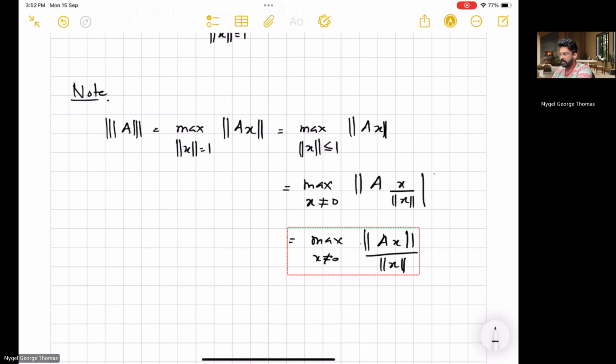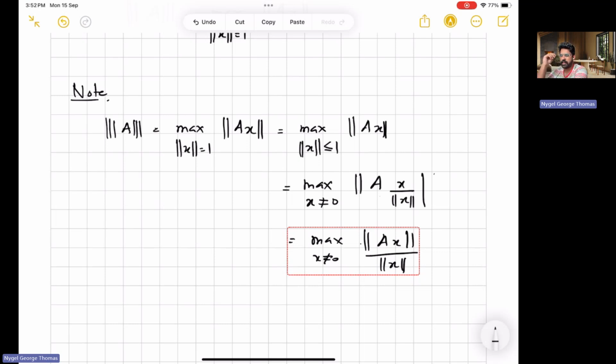Further, we have also written here that this is equal to the norm of Ax by norm of x. But in fact, the norm in the denominator need not be the same vector norm. This could be any vector norm, because of the equivalence of norms.